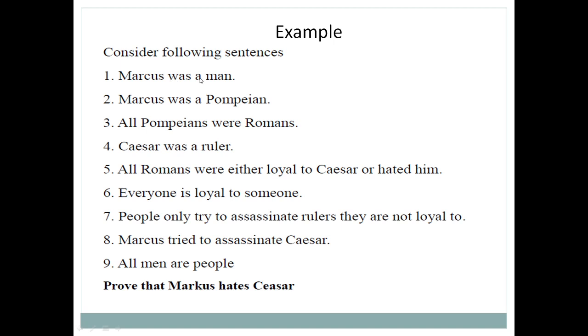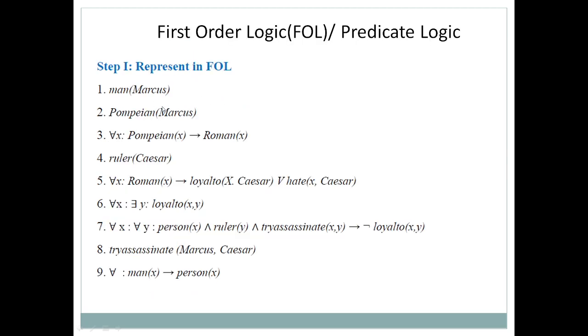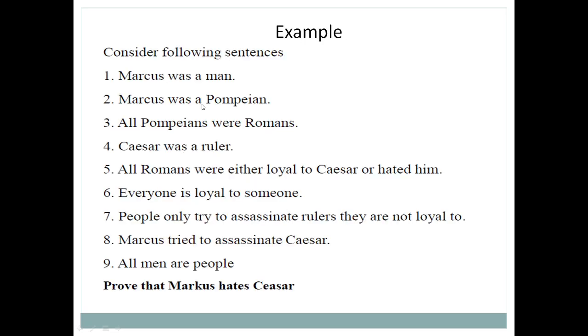This is a very simple statement. Then the second statement: Marcus was a Pompeian. Again we can say Pompeian is a class to which Marcus belongs. Same thing, Pompeian is written outside and in brackets we write Marcus. So here we have written Pompeian(Marcus). This reads as: Marcus was a Pompeian. Like this you can represent it.